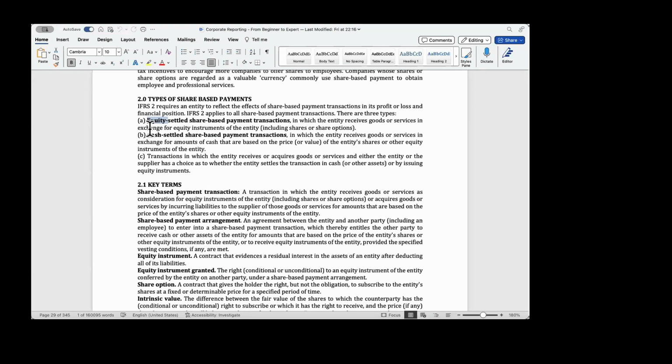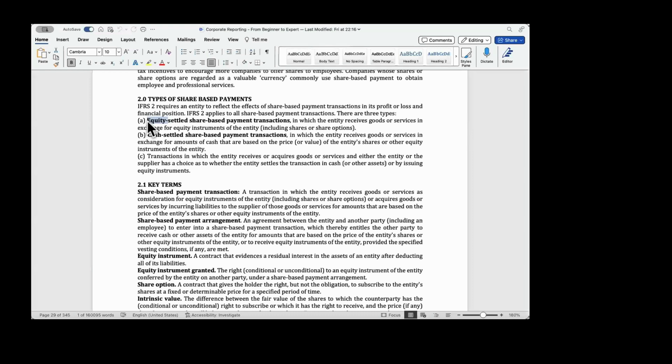We went on to the measurement, and for these two, the focus regarding the measurement is to understand that at the end of each reporting period, what we actually recognize for that year is the number of employees that will vest. And there's no way you can know the number of employees that will vest other than by making an estimate. So it's the estimate of the number of employees that will vest.